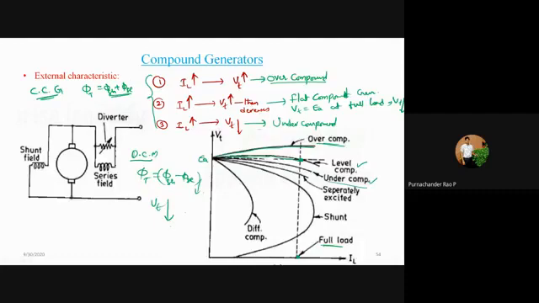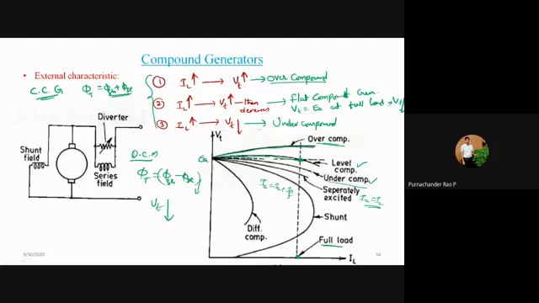Okay, and if you want to compare it with the self-excited and shunt generators, as compared to the shunt and separately excited generators, the reduction in the terminal voltage is very less for the compound generators. The reduction in the terminal voltage is more for the shunt excited generators because the armature current consists of load current plus field current, but for separately excited generators Ia is equal to IL only, and therefore the net current is less, so the drop in armature resistance will be less.